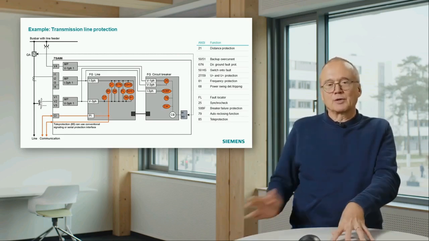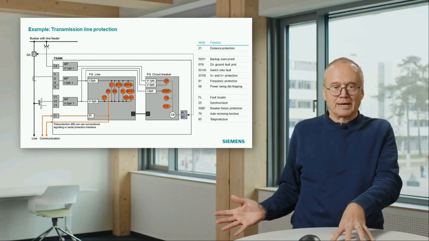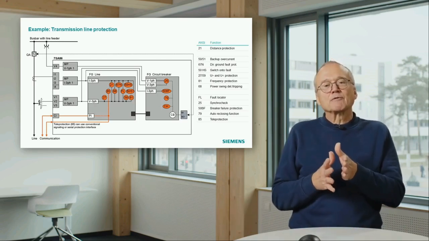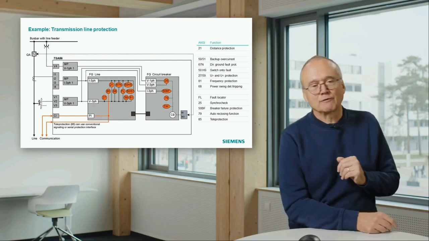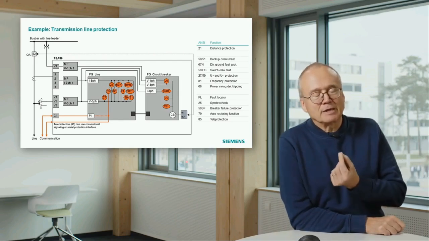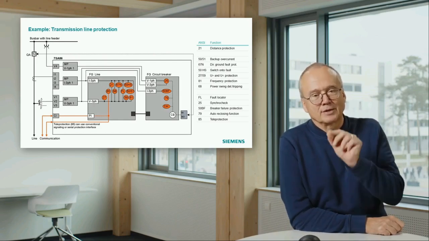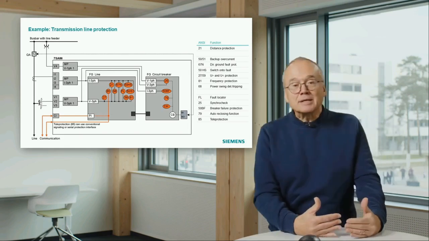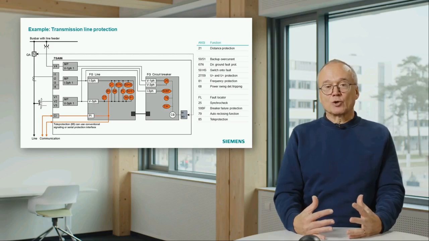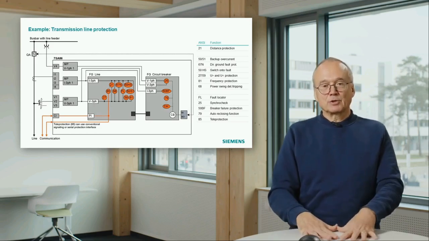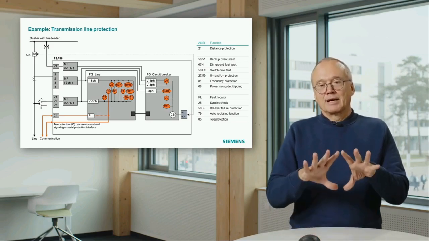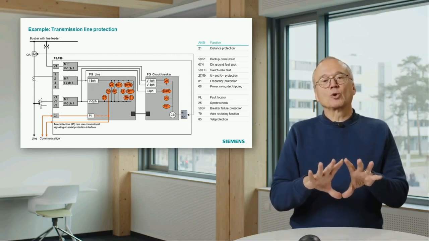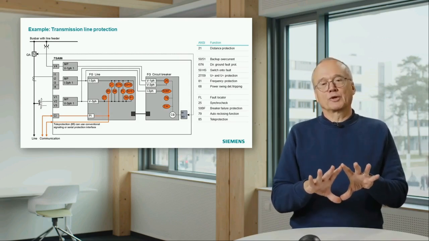If you wouldn't do anything, the distance protection would trip in advance. That means this must be a very fast detection function, and also it must not overreact. That is called backup overcurrent protection. That means if this situation occurs, the distance protection is blocked. As a backup, we run the whole system only with overcurrent protection.